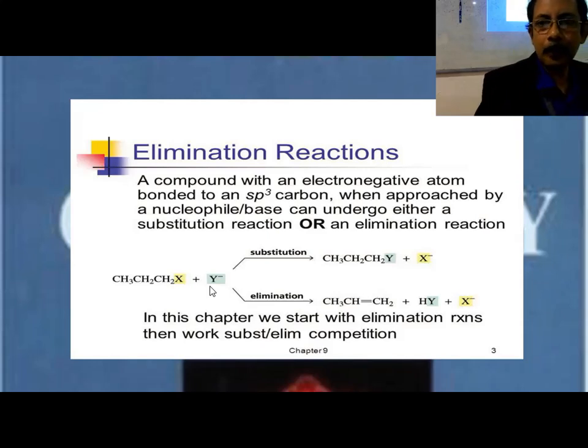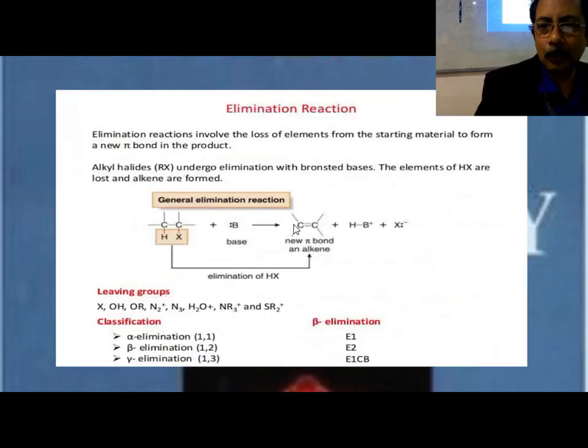Okay. Anyway, so this is elimination. Let's go ahead. So here is a base, removing H here and making a double bonded compound. That is elimination. Now, if the double bond is occurring at the nearby carbon, it's called alpha elimination. If it is in the next carbon, it's called beta elimination. The next, 1,3 elimination, is called gamma elimination, and so on.